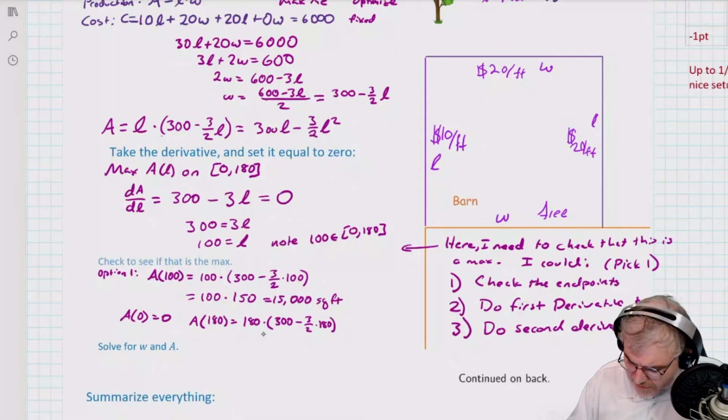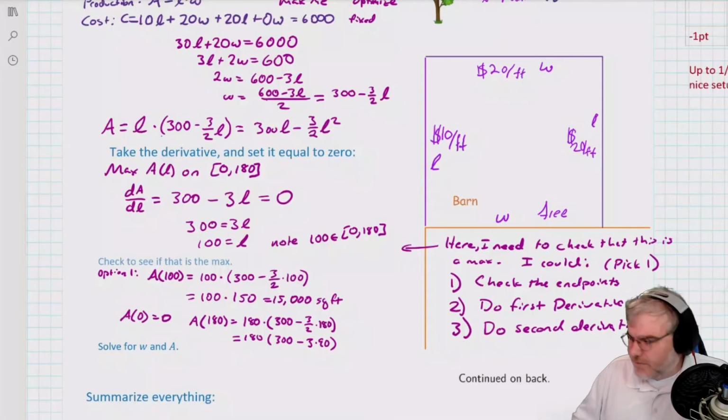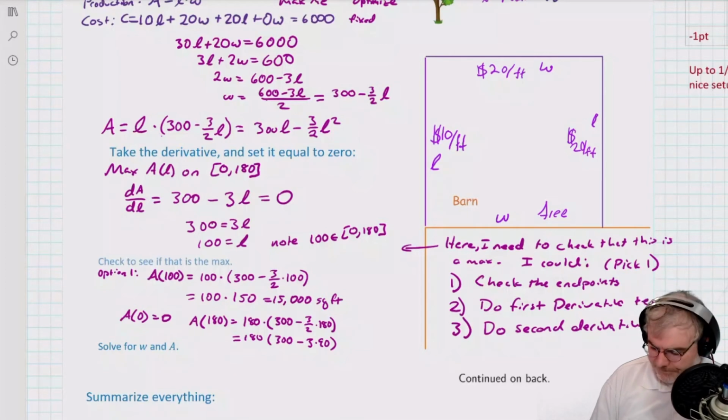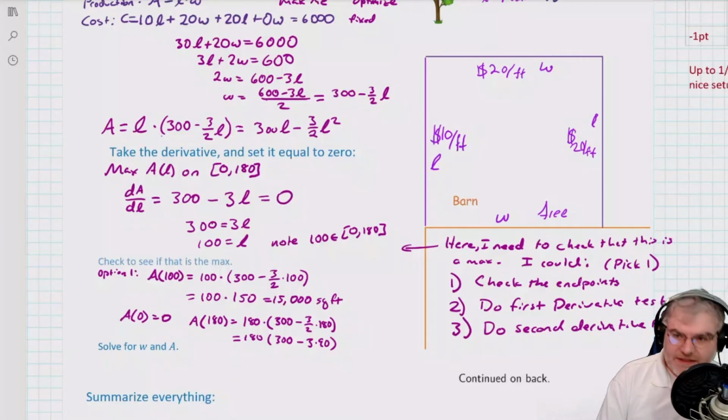All right, now 3 halves times 180 is going to equal what? So this is going to be a 90. So this is going to be 3 times 90. I already don't like this problem. Where's my calculator? 180 times 300 minus 3 times 90.